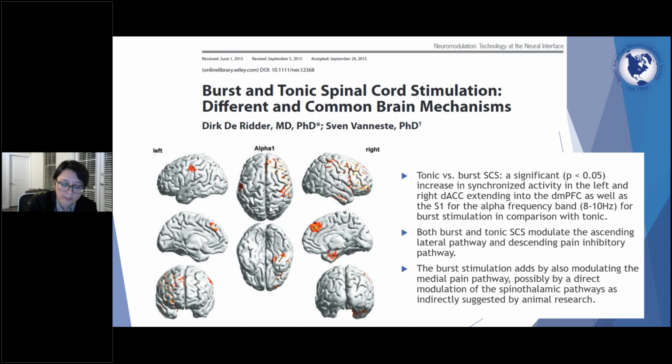In terms of connectivity analysis, they revealed a significant reduction in connection between dorsal anterior cingulate cortex and right parahippocampus for burst stimulation. And overall, researchers propose that burst and tonic stimulation modulate the ascending lateral pathway and descending pain inhibitory pathway, but burst stimulation additionally modulates the medial pain pathway, which might be rebalancing between ascending pain input by the medial pathway and descending pain inhibitory activity.